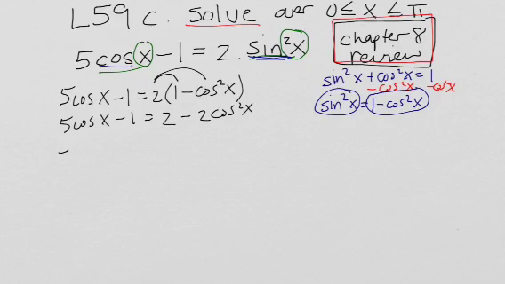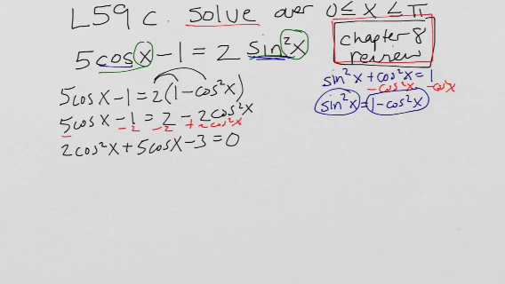So I get 2 cosine squared x plus 5 cosine x, and then negative 1 minus 2 is negative 3, equals 0.